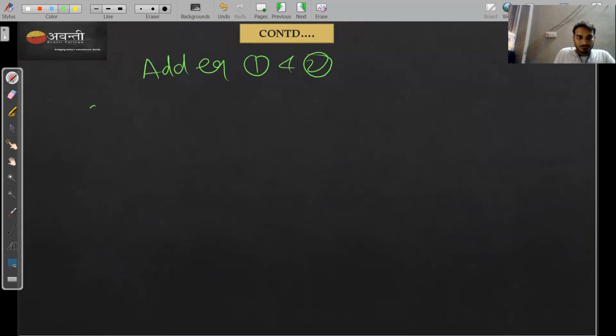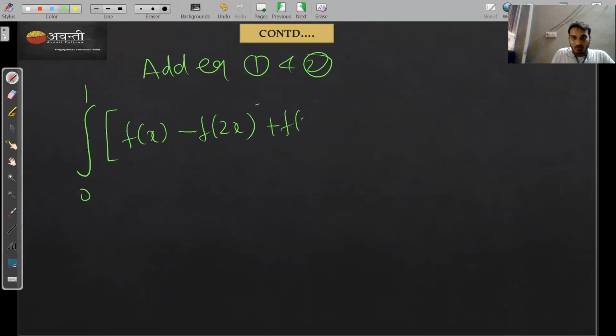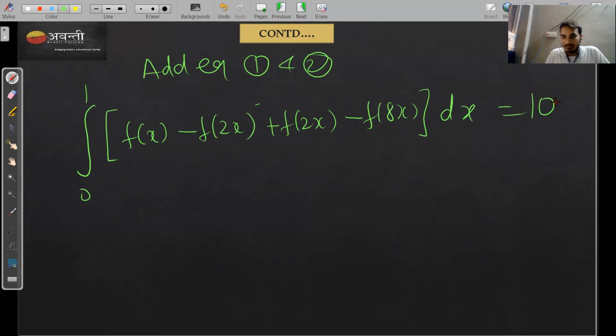What you will get? You get the integration from 0 to 1 of f of x minus f of 2x, then plus f of 2x minus f of 8x dx, and the right hand side 5 plus 5 is 10, right?